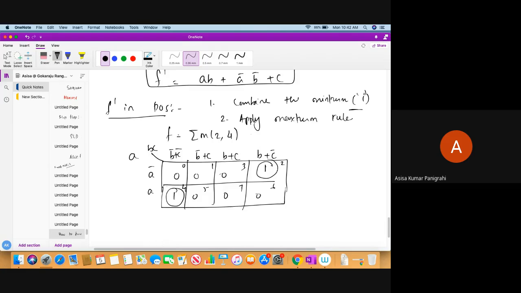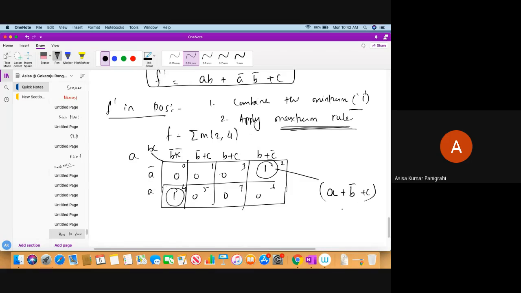So obviously, what is the max term rule? If you apply the max term rule, what is common here? Common is A bar. So you have to write A here, or B bar, or C. Any doubt on this? Do you understand how I have done it? I just applied the max term rule, just the opposite.